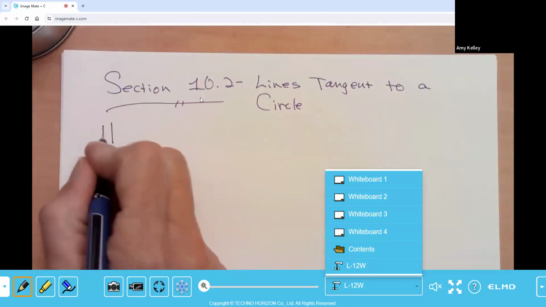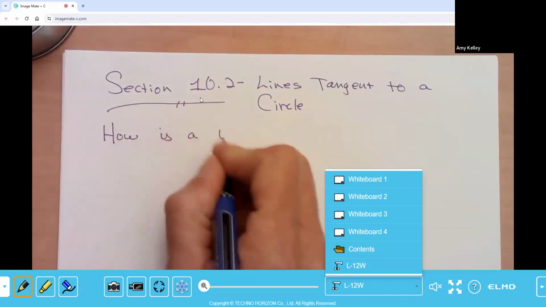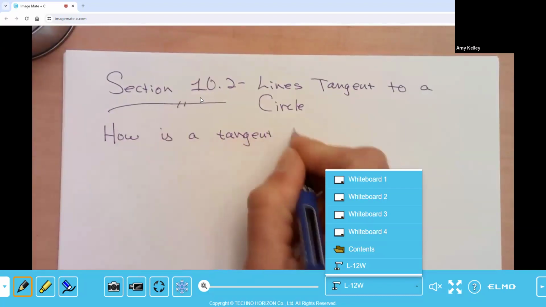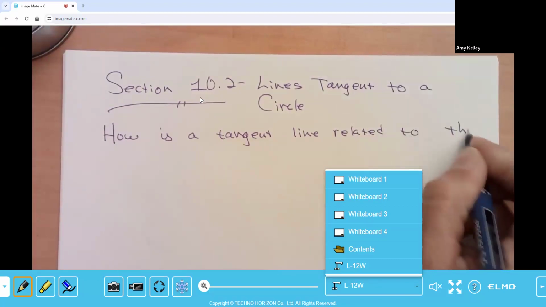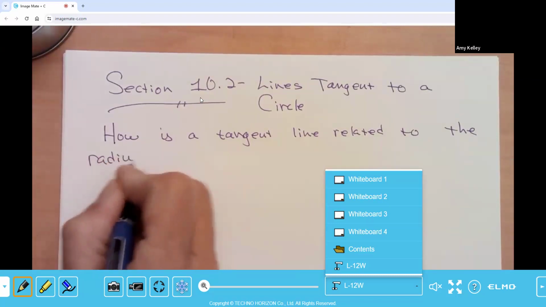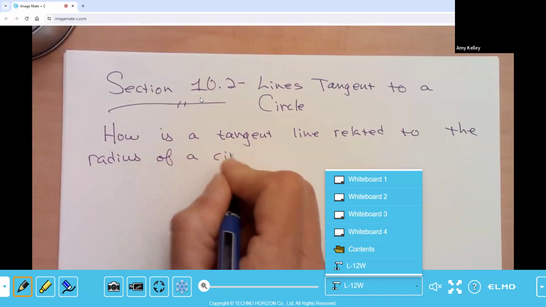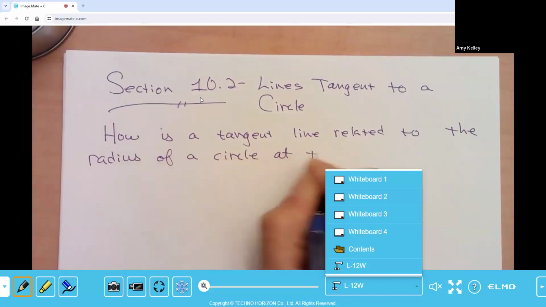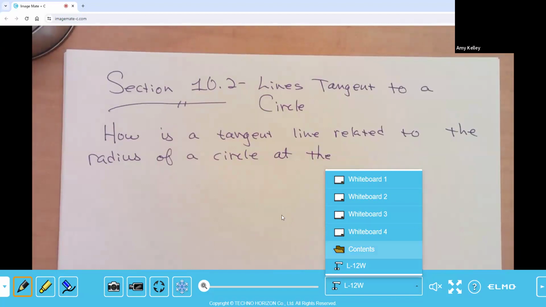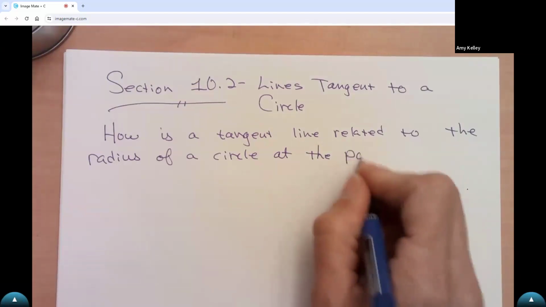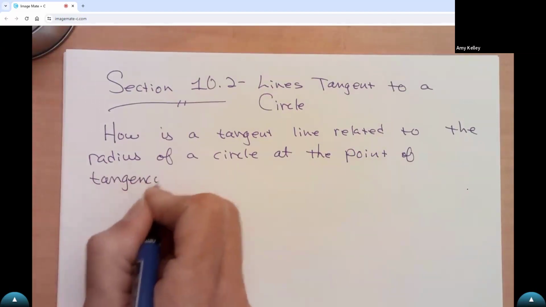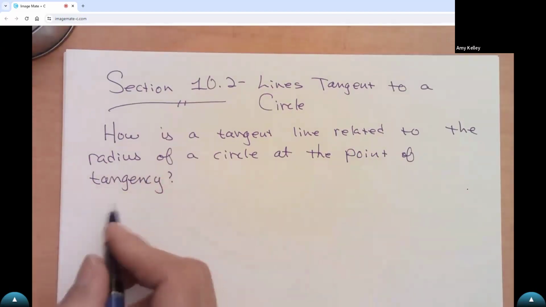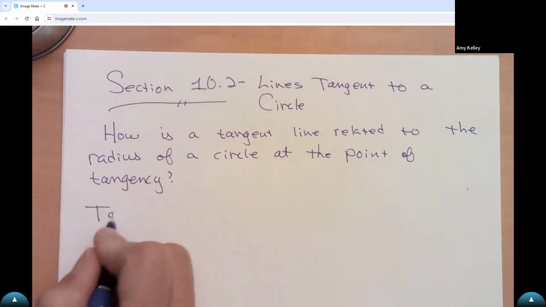All right, so we'll talk about what all that stuff is. All right, so the first thing is understanding what a tangent line is.